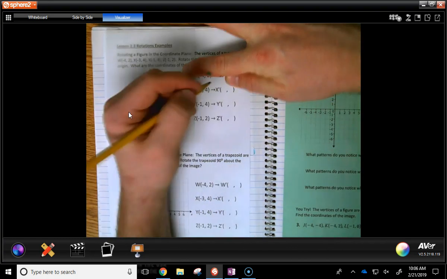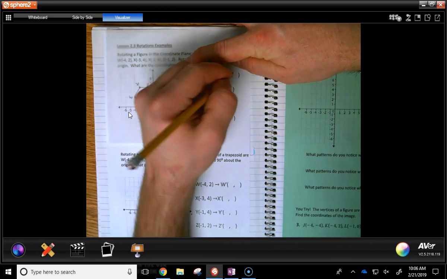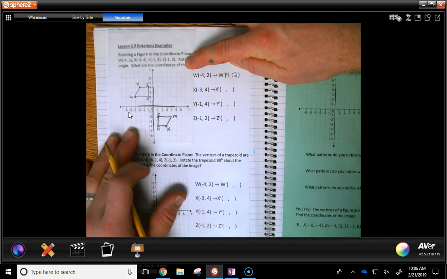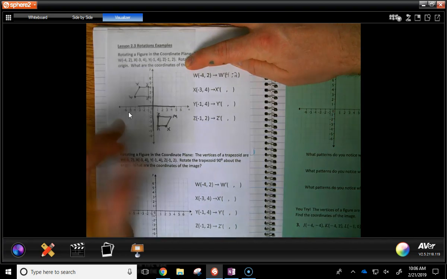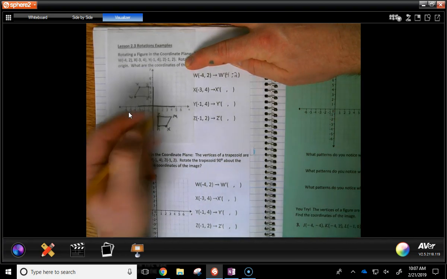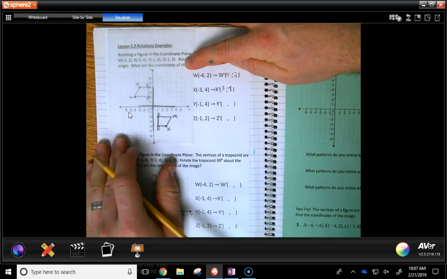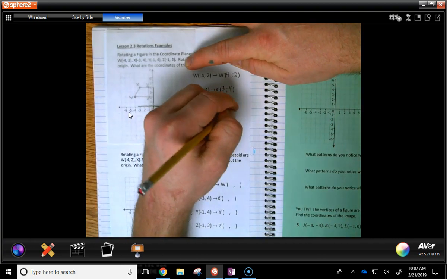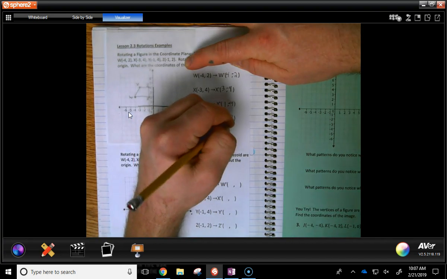So we went over 4, and it went down 2. 4, -2. Where is X? 3, -4. How about Y? 1, -4. And Z? 1, -2.